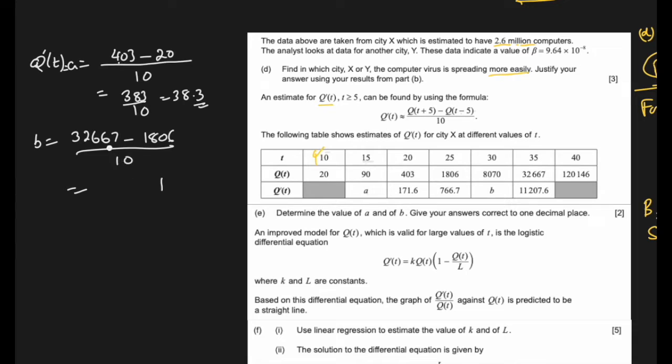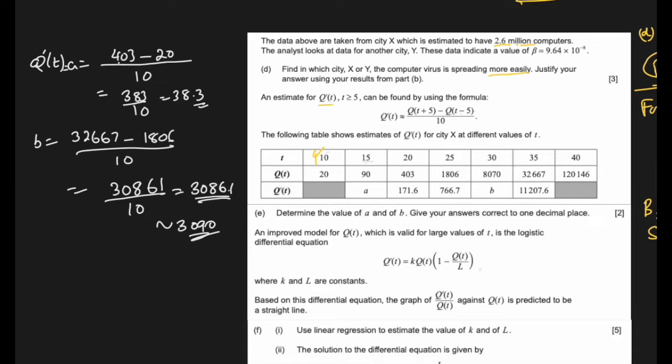So it will be 32667 minus 1806 over 10, equal to 3086.1, which we can round off to 3 significant figures.